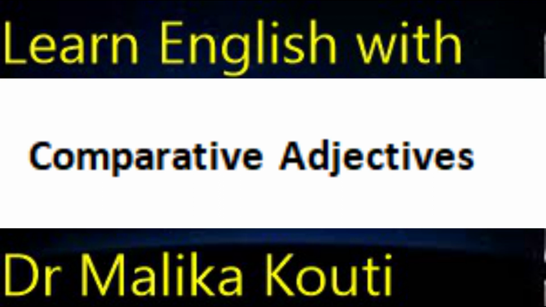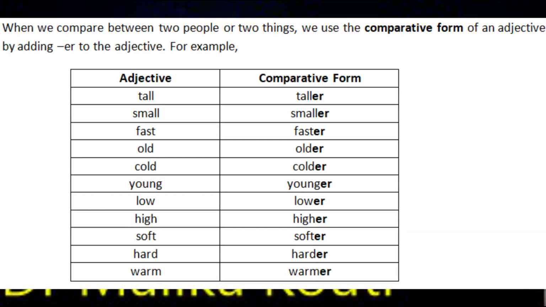Okay. When we compare two people or two things, we use the comparative form of an adjective by adding er to the adjective. For example, look at this table. You've got two columns, one for the adjective and one for the comparative form. Tall, taller. Small, smaller.